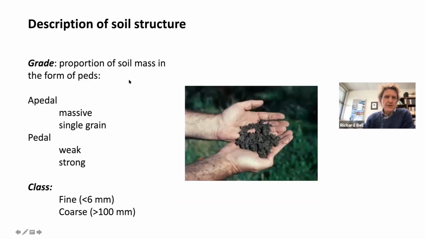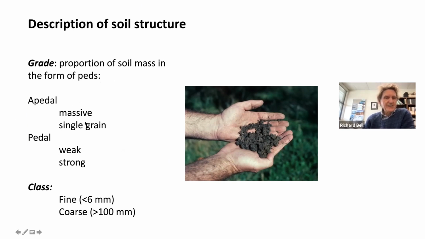And in terms of soil structure description, we can describe how much of the soil mass is in the peds. Note that sandy soils are often apedal. They don't form peds. You just find single grains of sand.